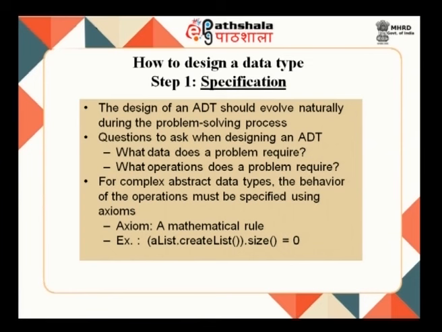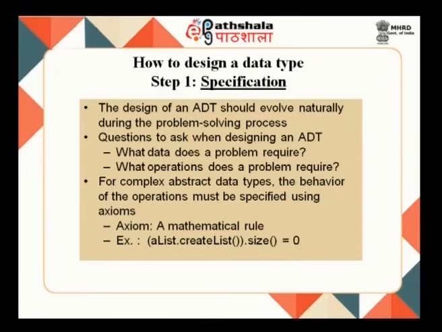For complex data types, for example, the behavior of operations must be specified using axioms. So, for example, you can say you create a list of a particular size and start with the size of 0. So, you have to design that. After that, you have to design the data type, and once you have designed the data type, the next step is the application.